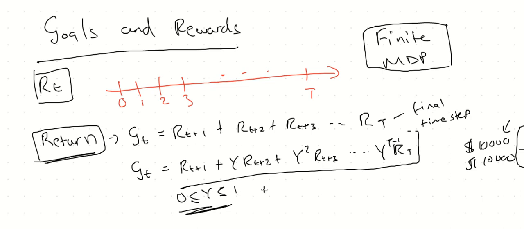So essentially, for each time step that we gain a reward, we discount it, for two reasons. One is to deal with the infinite MDP problems, and the other is to represent that we care more about rewards today than the ones that we get in the future.